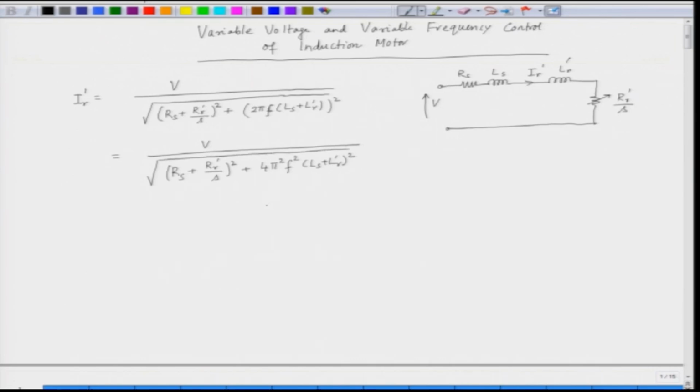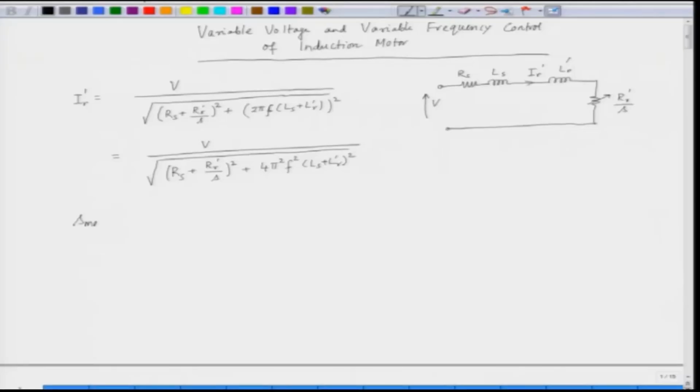Now, what we do here, we know that we have to find out the maximum torque, and the maximum torque for the induction motor occurs for the following value of the slip. So, S max T is given as R r prime divided by this term, which can also be expressed in terms of the reactance.